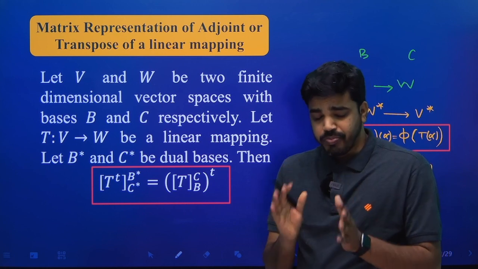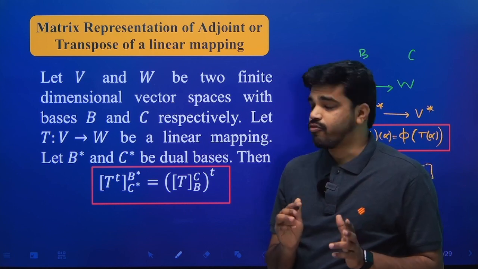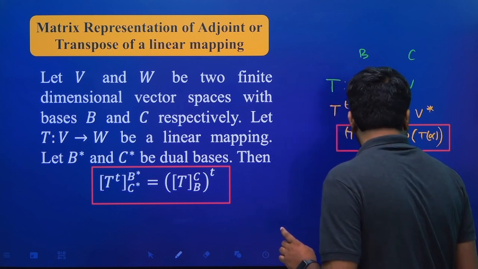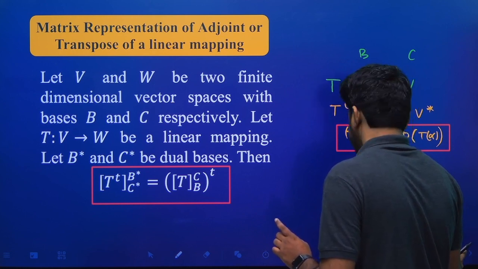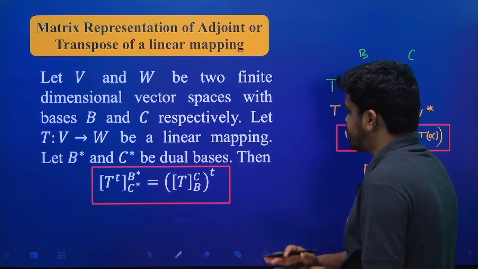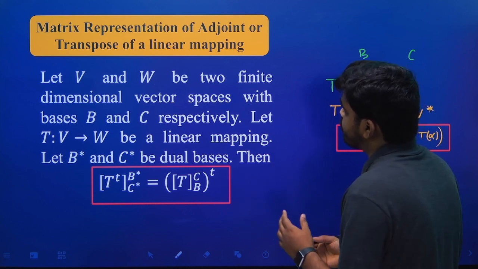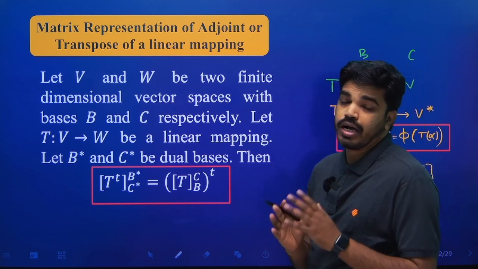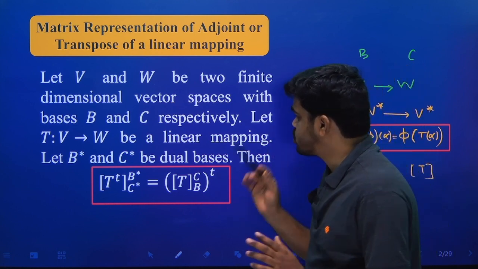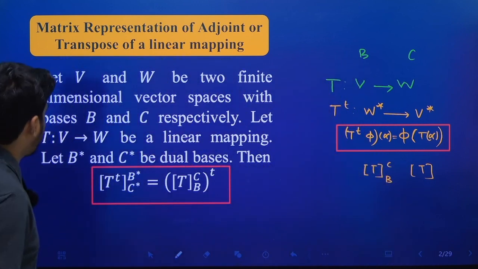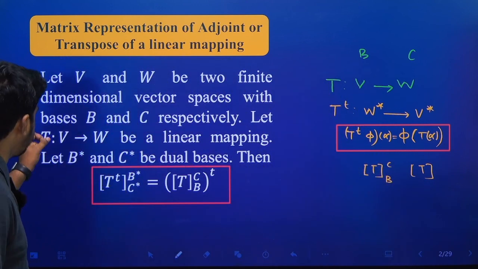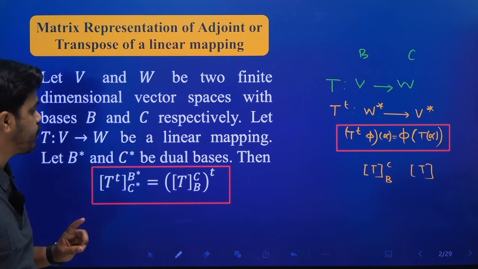Just recall the matrix representation of a linear mapping. So first of all, note this, then I will discuss. Let V and W be two finite dimensional vector spaces with bases B and C respectively.